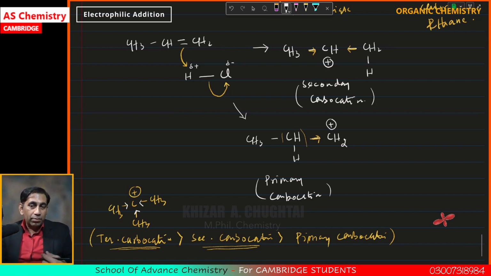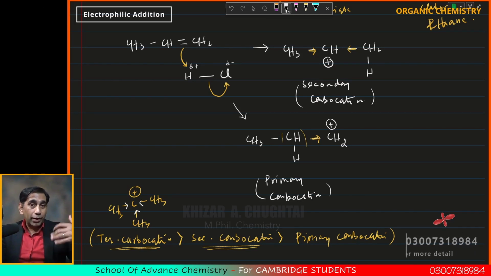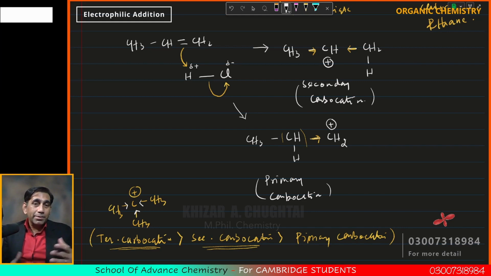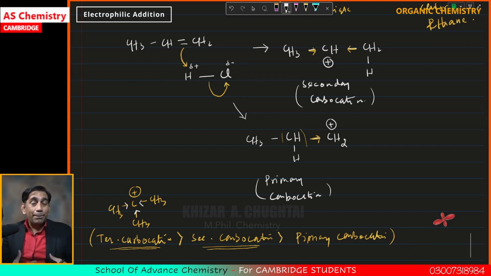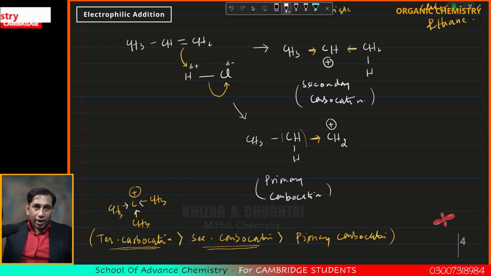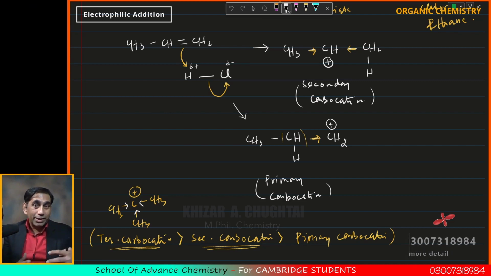Once I told you, carbon or any non-metal, if it is going to have a positive charge, it becomes unstable. It's not the property of a non-metal to have the positive charge. Basically, this is the property of the metal to become a positive ion. But once there is a positive charge, its neighboring groups try to counter its positive charge impact.